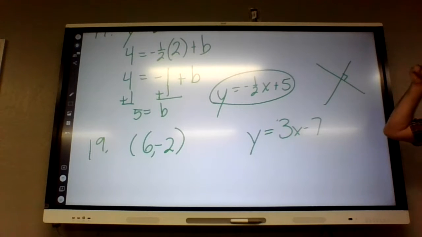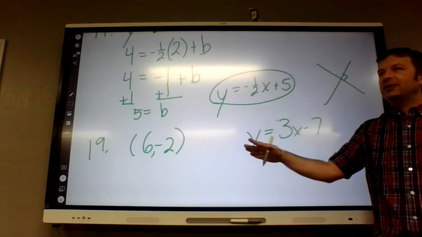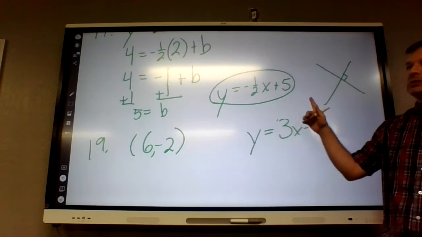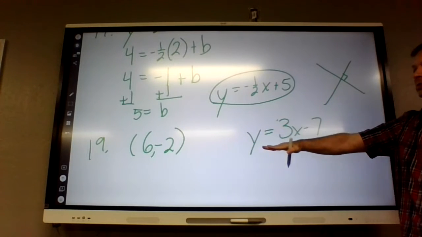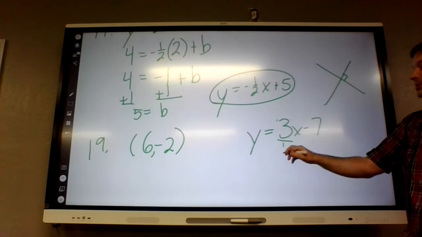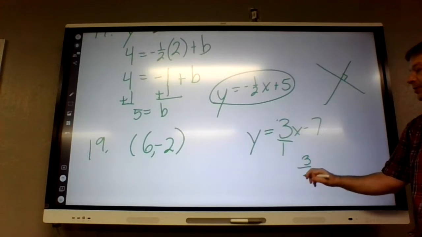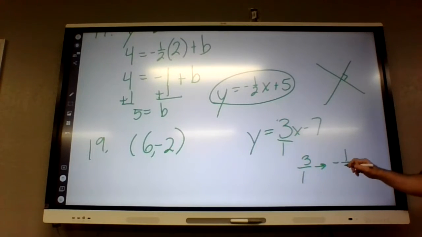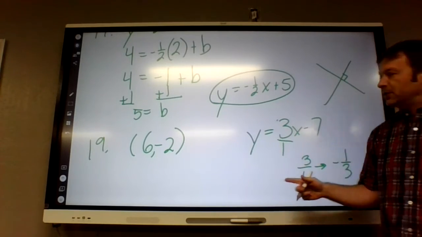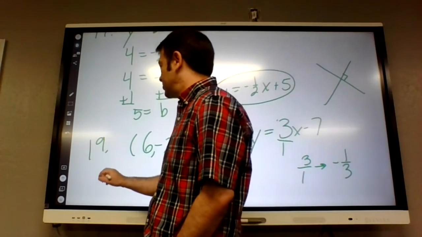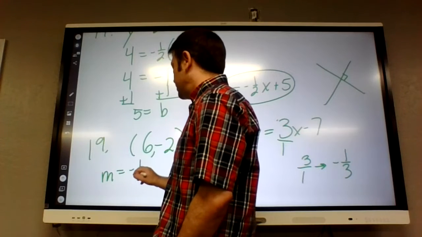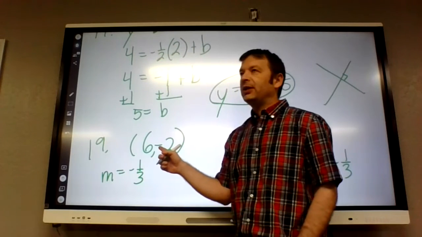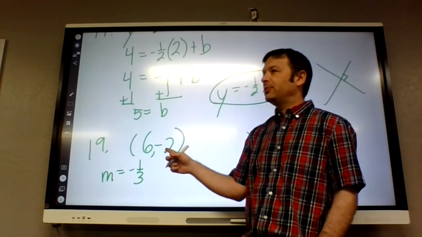Opposite reciprocals. What's the slope of this line? 3, or 3/1. So what's the slope of the line we're going to make that's perpendicular to this? -1/3. So we're going to use that slope, -1/3, and this point that they gave us, and do exactly what we did on 17.